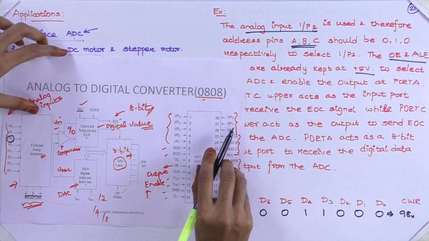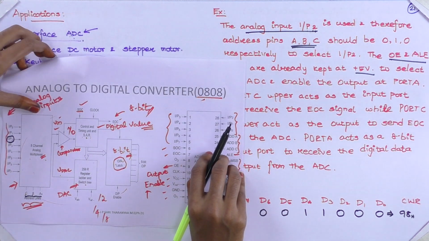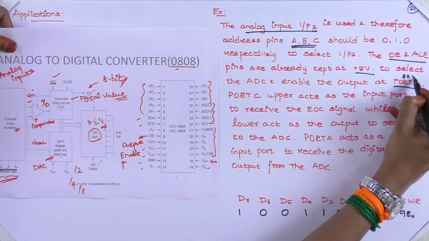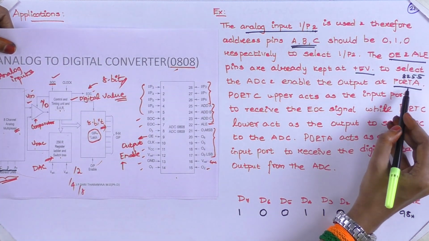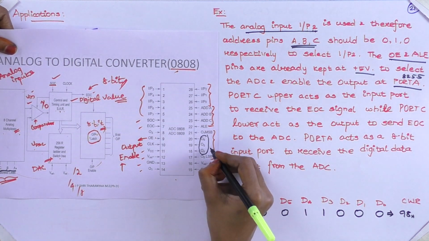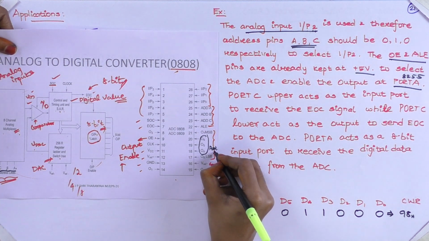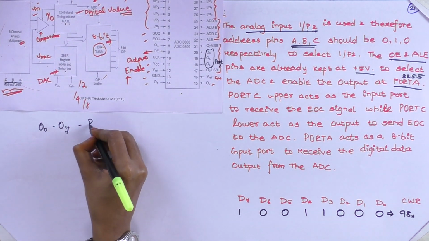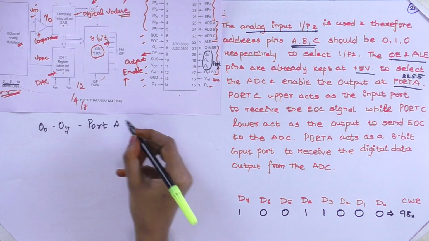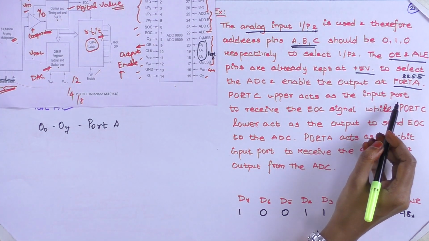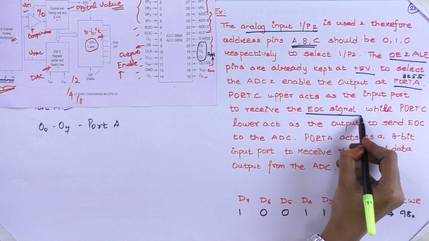Okay, and they are also saying that this port represents 8255. So from 8255, the outputs are connected, which means these lines are connected with port A. So your outputs O0 to O7 are given to port A, and they are saying port C upper acts as an input port to receive the end of conversion.